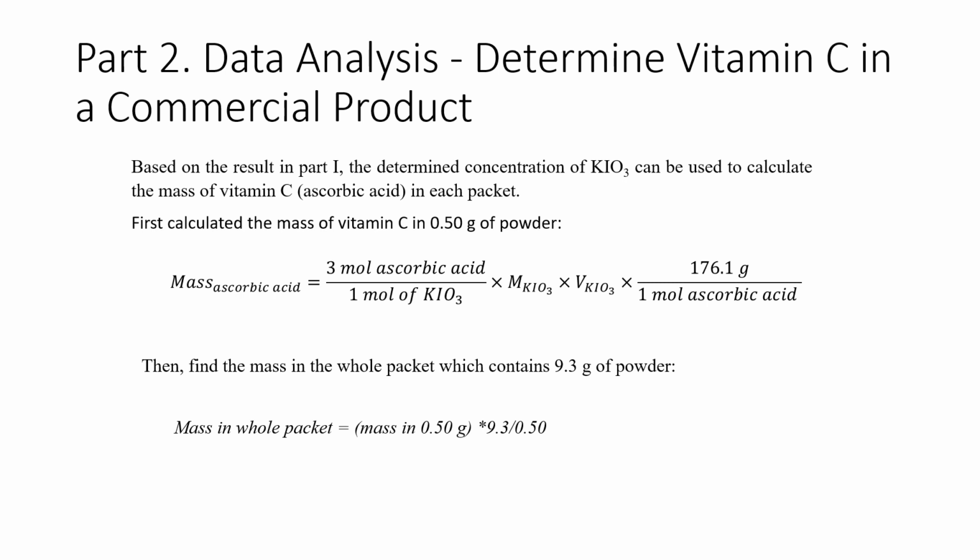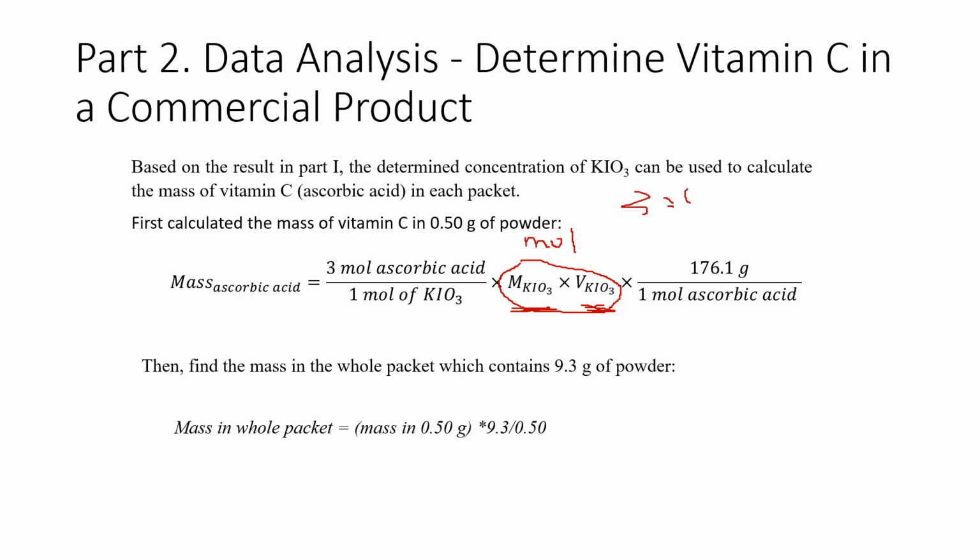So first, based on the volume of potassium iodate consumed and the concentration I calculated from part 1, this term is the number of moles of potassium iodate consumed. If I multiply this number of moles by 3, that's the number of moles of ascorbic acid consumed, due to that 3:1 ratio.